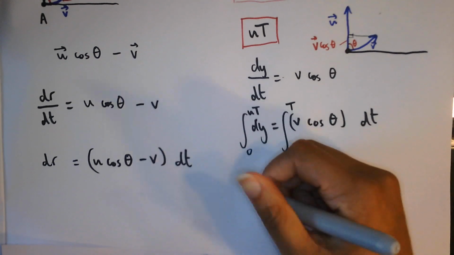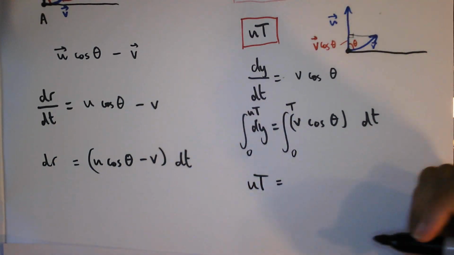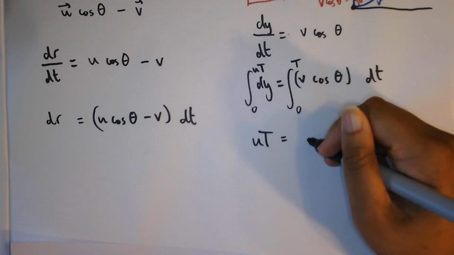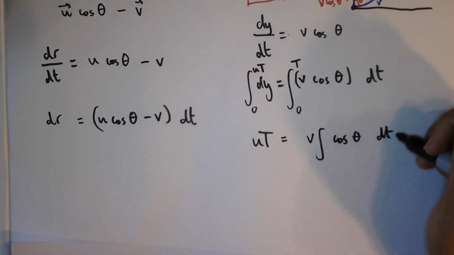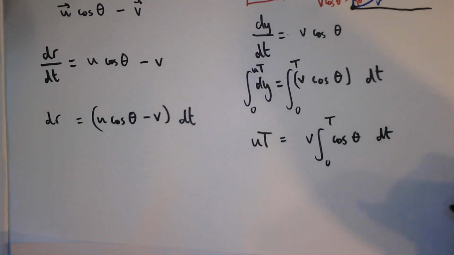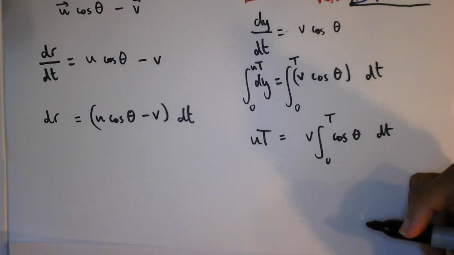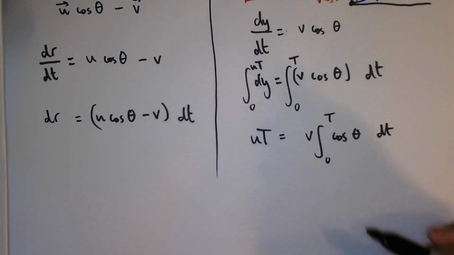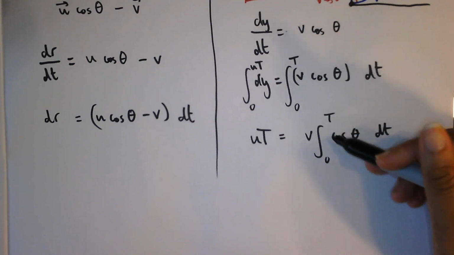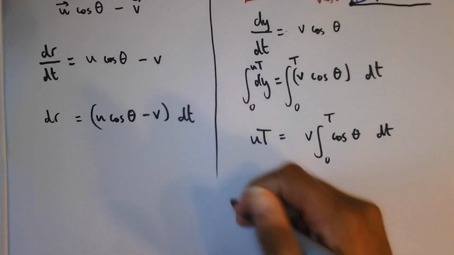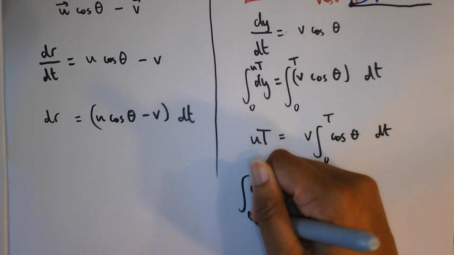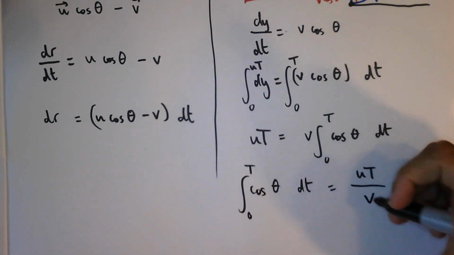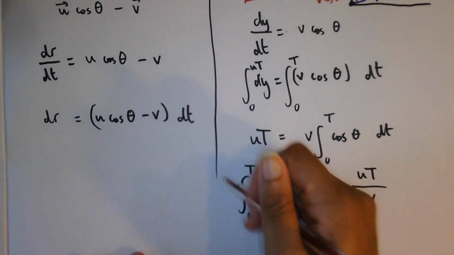So we have uT equals, v is a constant so we can take that out, v times the integral of cos theta dt from 0 to T. We can rearrange this to get the integral of cos theta dt from 0 to T equal to uT over v. And this is our second important equation.